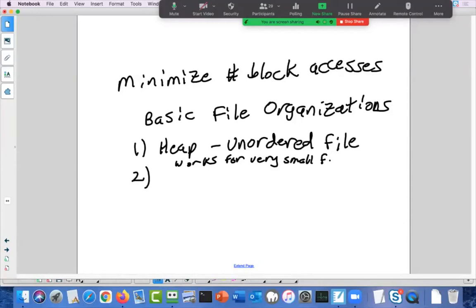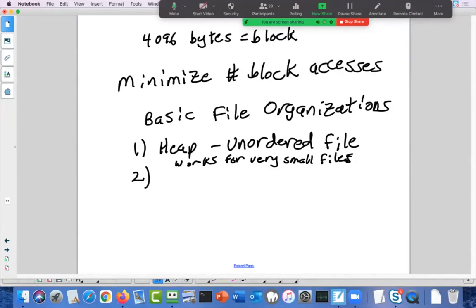Okay, there are such files. So in our branch relation, in our leasing company, we're just not going to have that many branches. Most blocks are generally about 4,096 bytes.